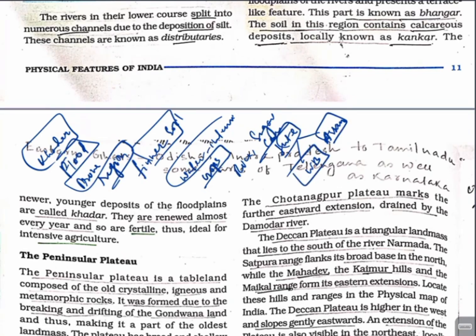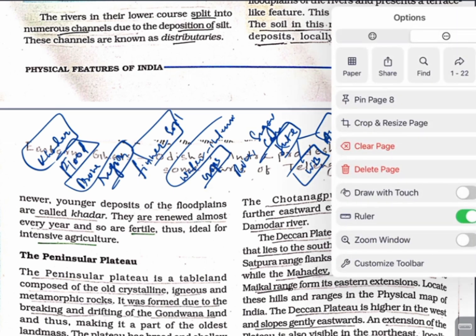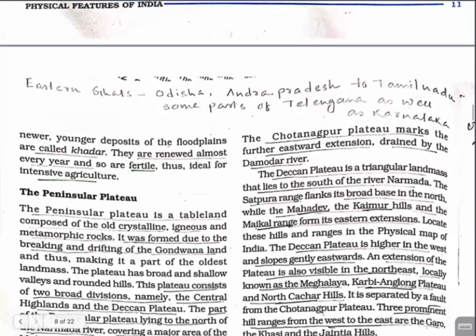Near the mouths of rivers, as in the delta regions of West Bengal and Bangladesh, the plains are deltaic, having the finest deposits and hence highly fertile. Now we'll talk about the peninsular plateau. Before that, I will talk about the importance of the northern plain.